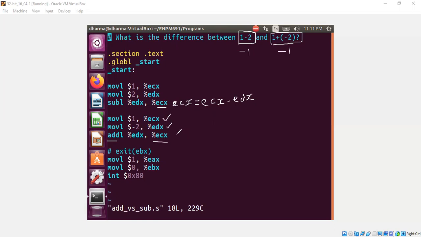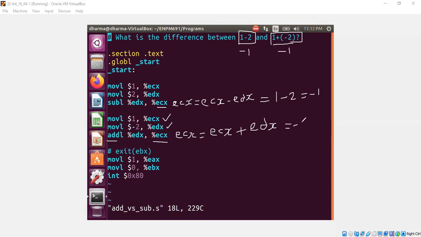So ECX will be ECX plus EDX, which means it will be 1 plus minus 2, right? Mathematically, they are the same. Therefore, we expect the answer to be minus 1 here also.